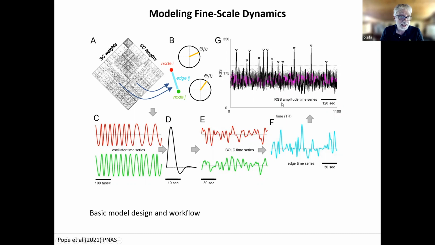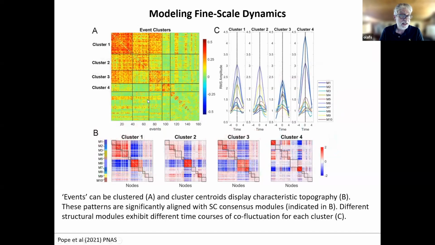We were interested in where these events come from, because in the model, this is the advantage of having a computational model, we can actually manipulate the model in certain ways. One way that we did that is by taking event timeframes, clustering them, and then looking how they aligned with structural connectivity patterns, and specifically with structural modules underneath.